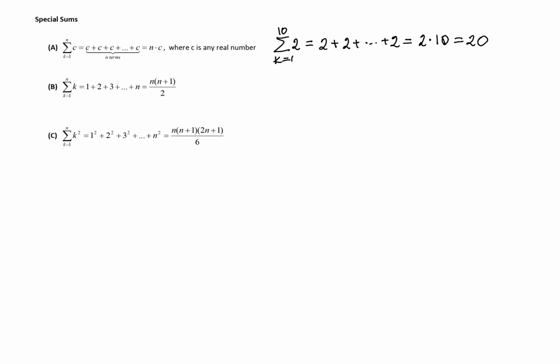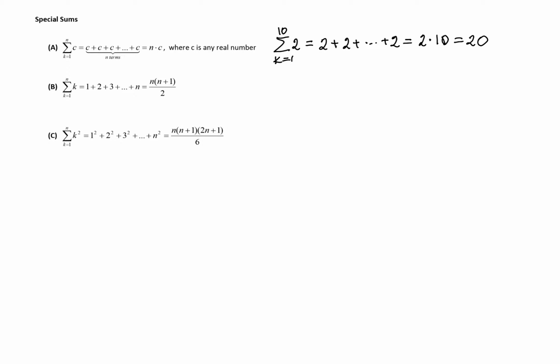The second formula gives us the value of the sum of the first n positive integers. The sum 1 plus 2 plus 3 plus ... plus n is n times n plus 1 over 2.